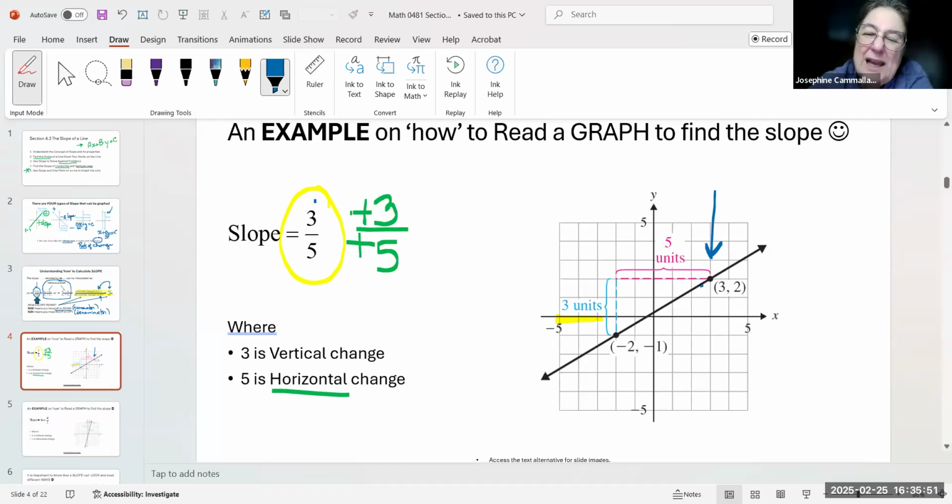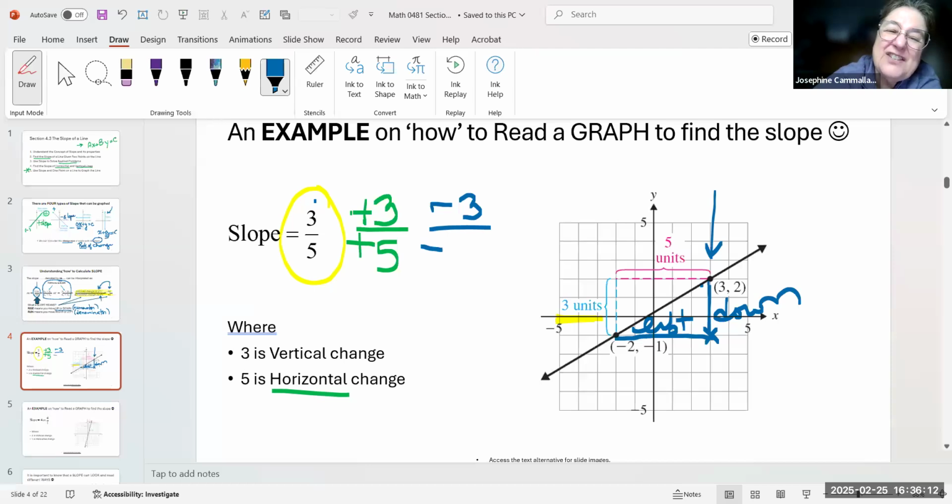I'm going to go down 3, which means my slope is negative. And from this point, I go left. I went down and I went left. Left is negative. Now look at my green fraction and my blue fraction.